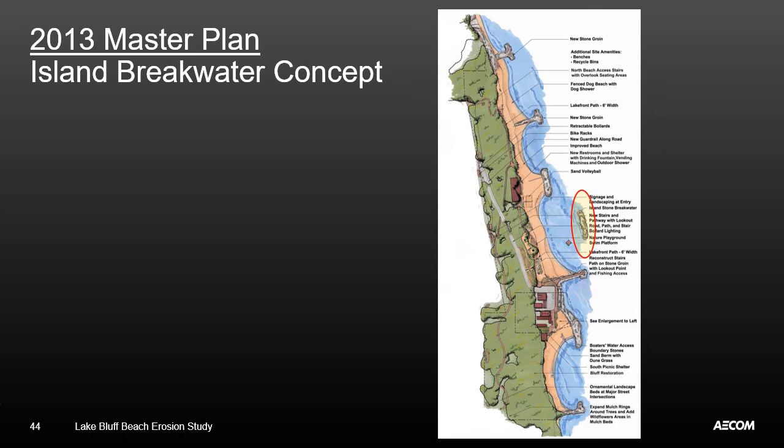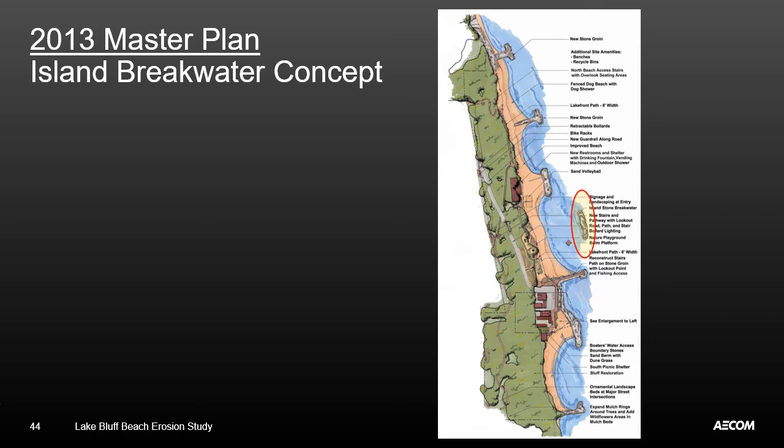We looked at the feasibility of this island breakwater concept, and we concluded that first of all, it's located far enough offshore that it likely would not be permittable to the state and federal agencies. They're not allowing new offshore structures that far out that can have a significant influence on the littoral drift. And this structure would have a significant influence.